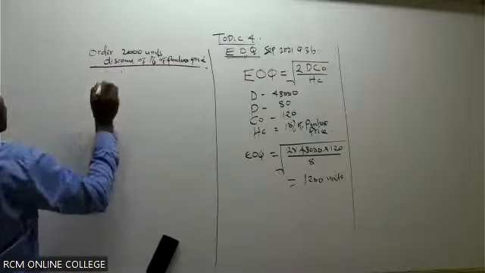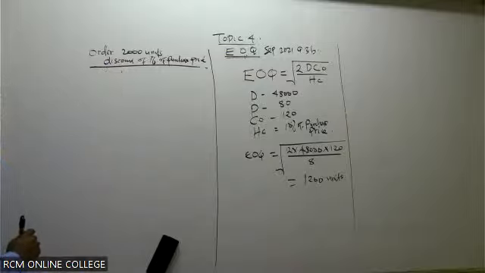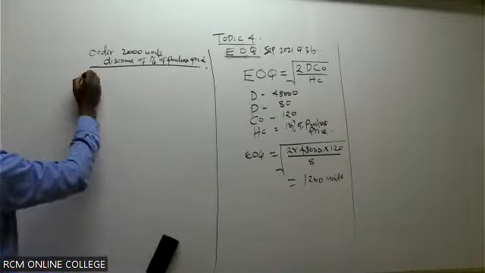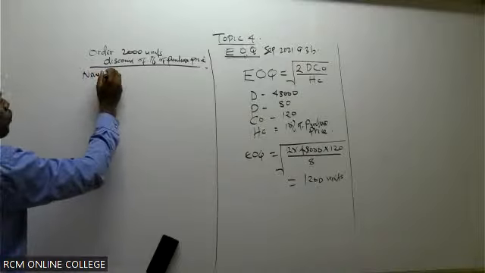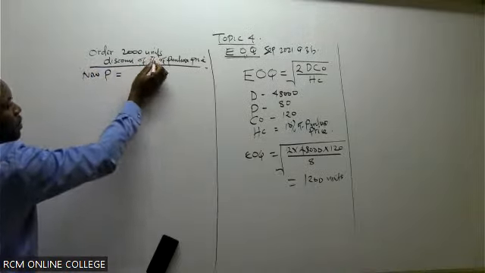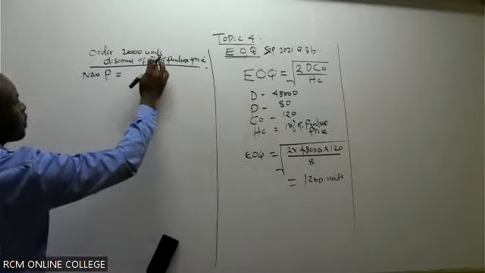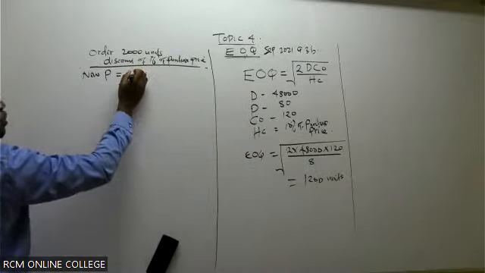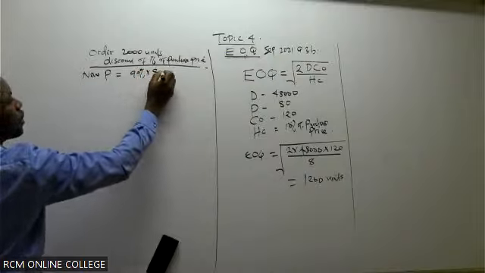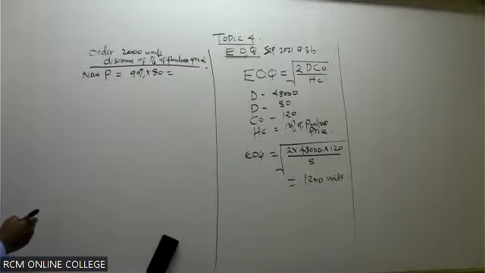So if you order 2,000 units, you're going to enjoy a purchase price discount of 1%. It means our new purchase price, our new P, is 99% of 80. That is the new purchase price.